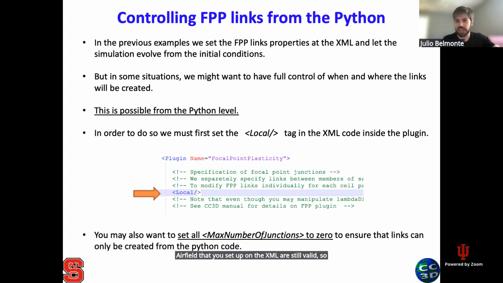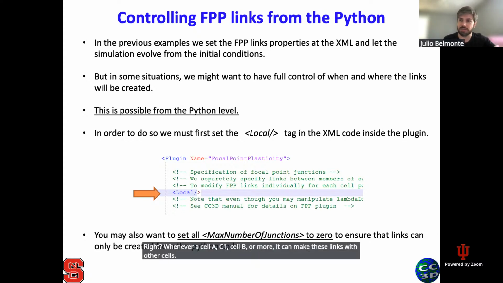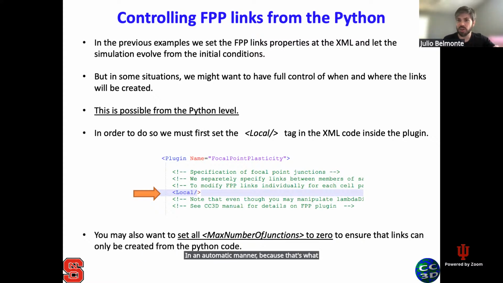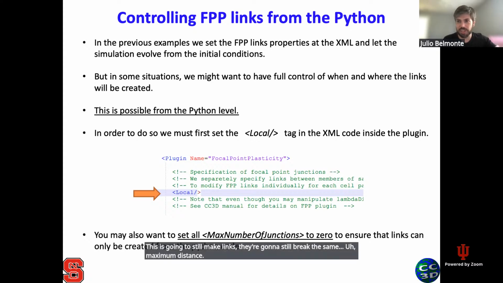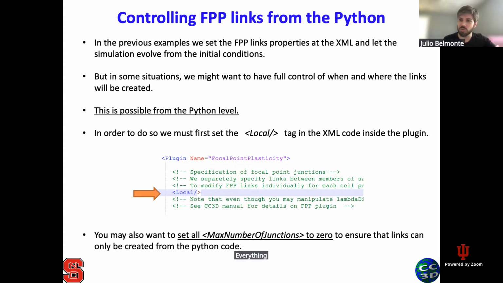So if you set your cells of type A and B to have up to 2 links, whenever a cell A sees 1 cell B or more, it can make these links with the other cells in an automatic manner, because that's what you set up at your XML level. Whatever you set up in the XML is still going to work. The cells are still going to make links. They're still going to break at the same maximum distance. They still have the same number of links per cell pair. They're going to have the same strength. Everything is still going to work just as you set it up in the XML.